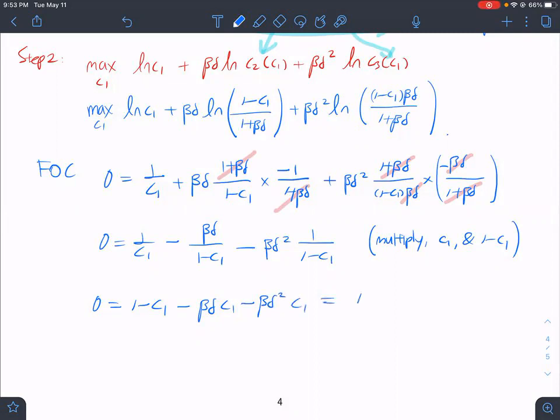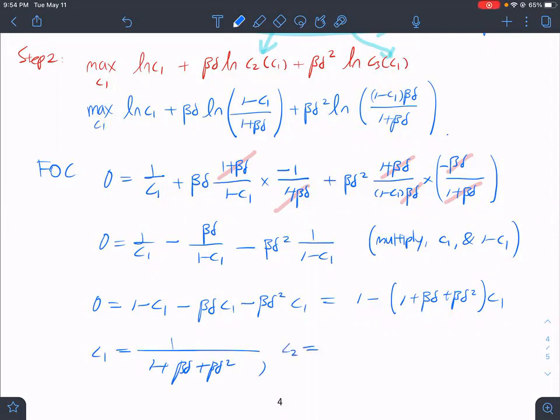So 1 equals, yeah, 1 plus beta delta plus beta delta squared times C1. I'm just combining this one, this guy, this guy. Look at this. Then C1 equals 1 over (1 plus beta delta plus beta delta squared). Okay. And then what is C2?